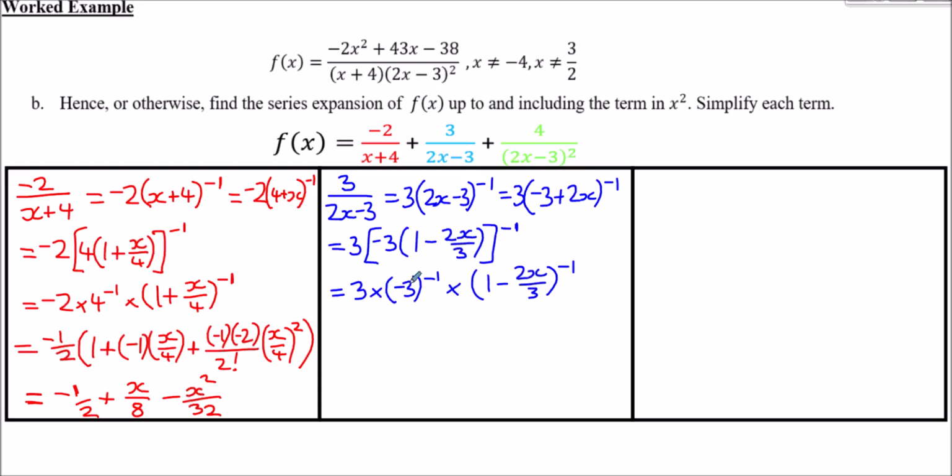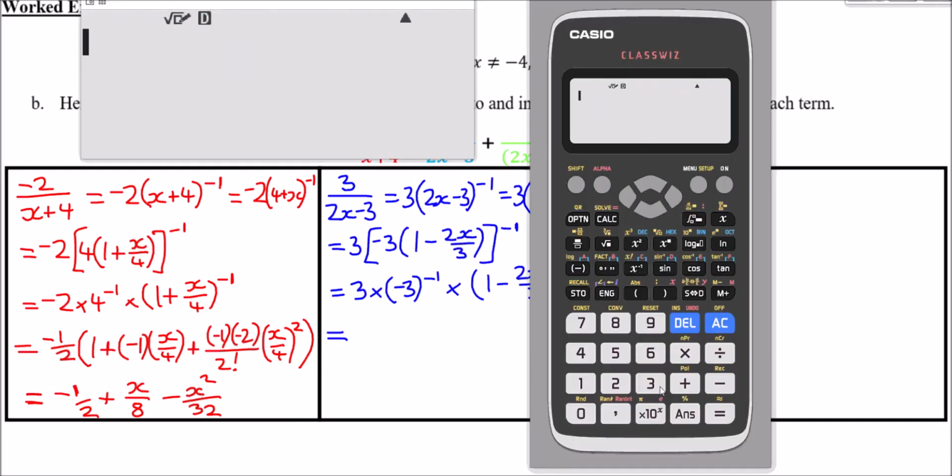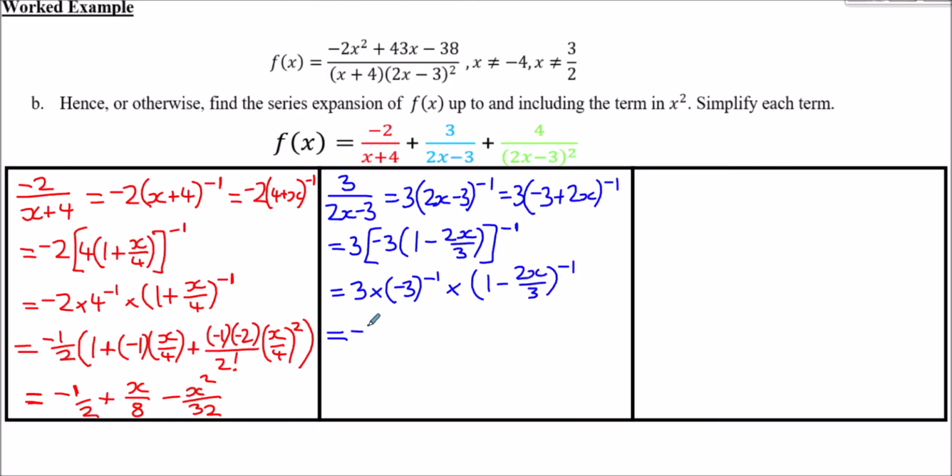So 3 times minus 3 to the power negative 1. Again, let's do this on a calculator just so we know what we're doing. So 3 times minus 3 to the power minus 1. That's going to give us negative 1. Now we do the binomial expansion, only up to the x squared term again for this here.